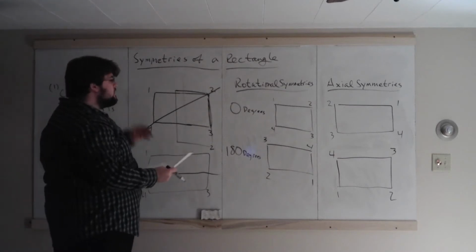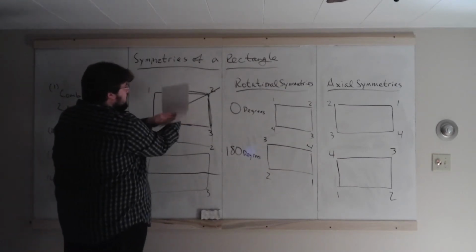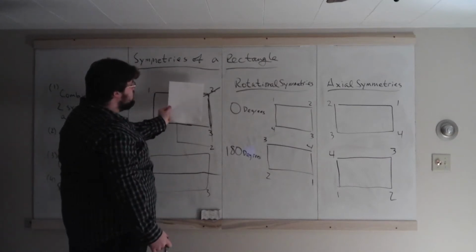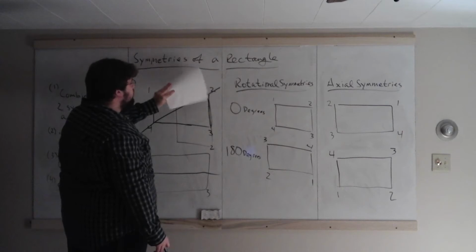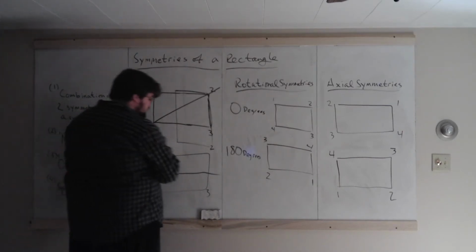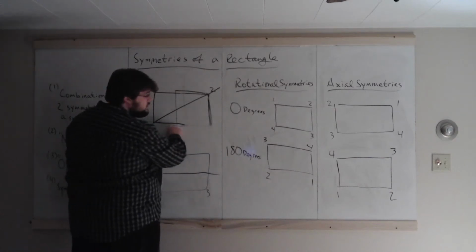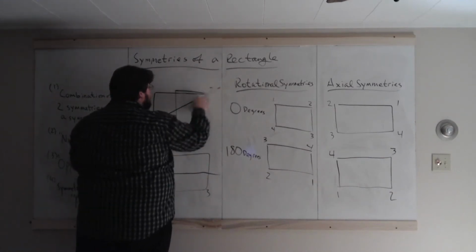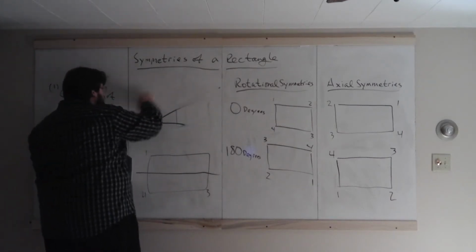And you're not going to get the same shape because it's a rectangle. You flip across that diagonal line, it's going to turn into a portrait sheet of paper rather than a landscape sheet of paper. So a diagonal axial symmetry does not work for a rectangle. For a square, it would. For a square, if we were talking about these symmetries, there would be more in each case.